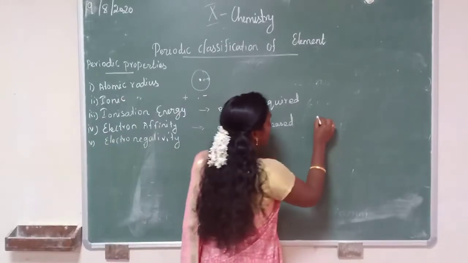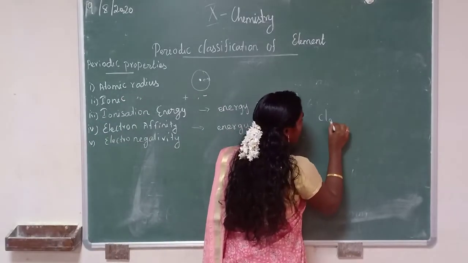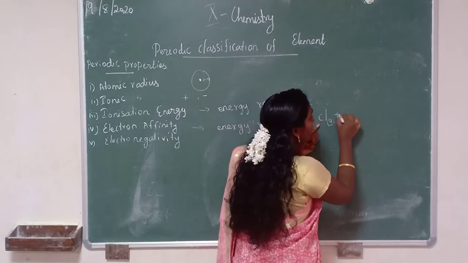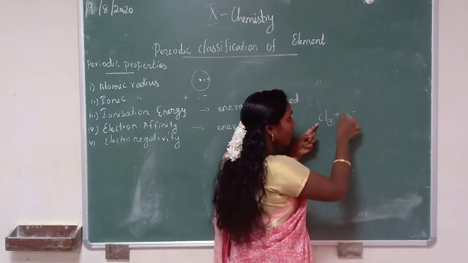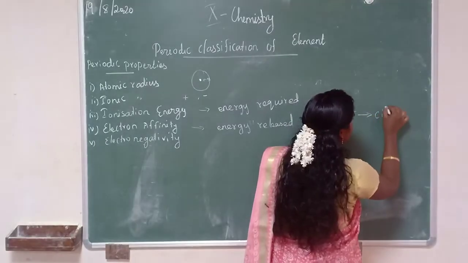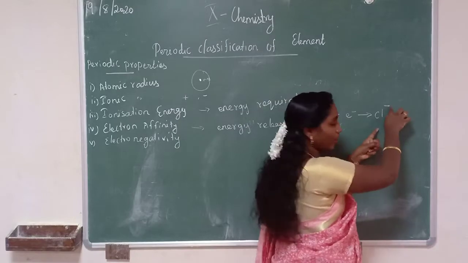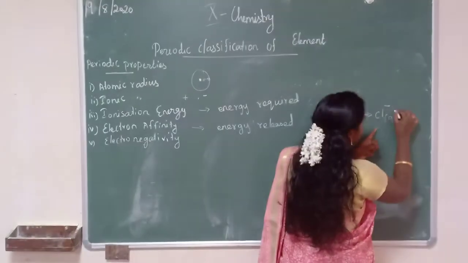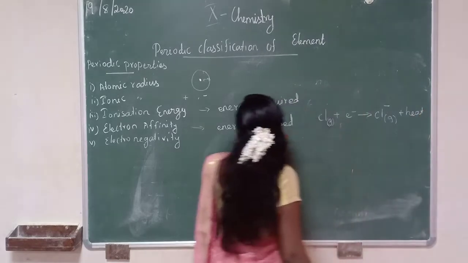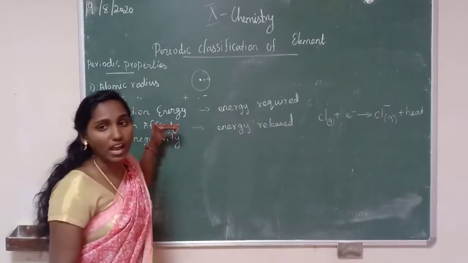Okay, so for example, see chlorine gas. When the chlorine gas gains one electron, this chlorine attracts this electron to form Cl minus. Okay, that is an anion. This is also a gas. At that time, it will release heat.